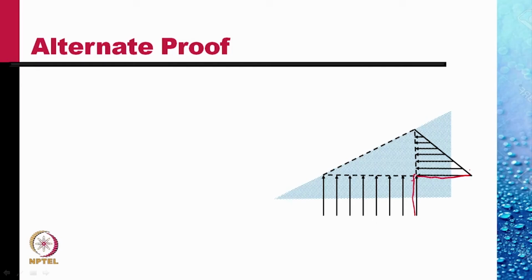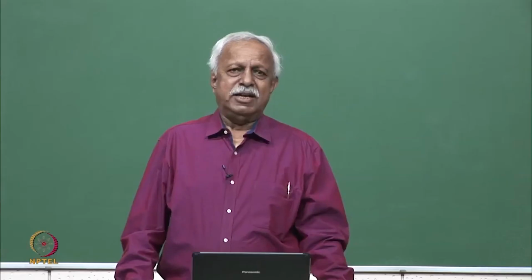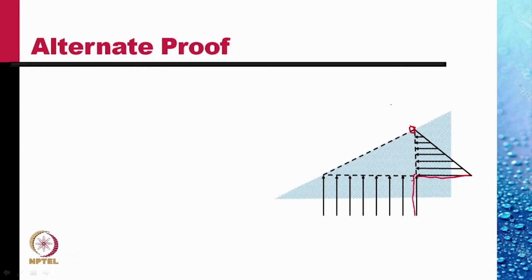We have shown forces above atmosphere, the gauge forces, because the sloping upper surface is exposed to atmosphere, so the pressure there is zero. What are the other forces? Of course, the weight of this triangular fluid element.